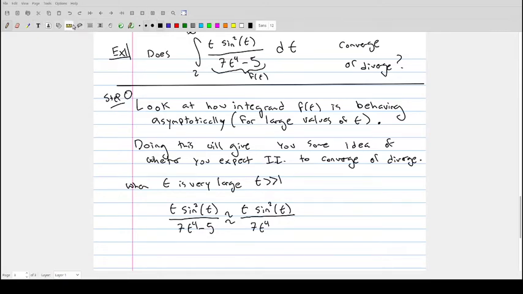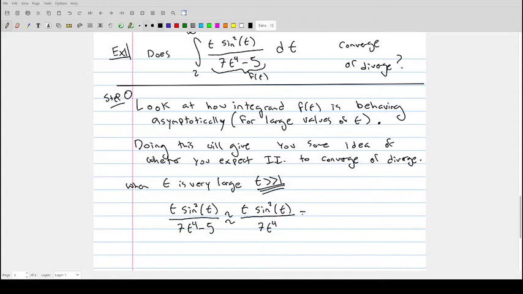Because for large values of t, think like t equals 10,000 or t equals 1 million, 7t to the 4th is a much larger value than negative 5. So this negative 5 is not affecting the 7t to the 4th much at all when t is very large. That's where the asymptotically comes in.